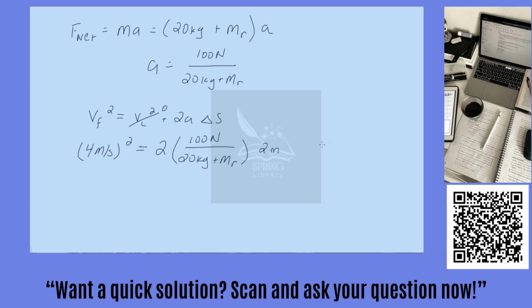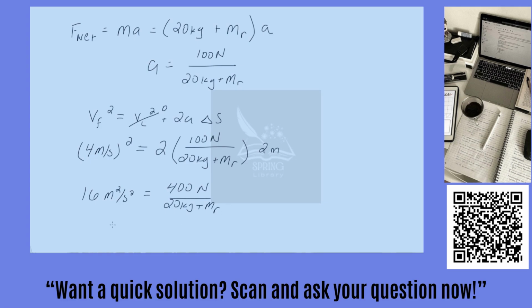So solving this out, on the left side is 16 meters squared over seconds squared. And on the right side, you're going to have 2 times 2 is 4 times 100, so 400 newtons over 20 kilograms plus the mass of the rope.